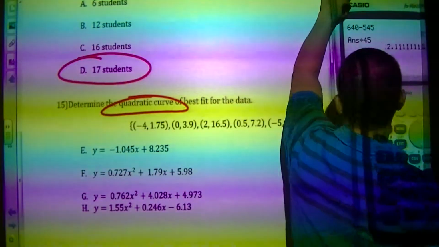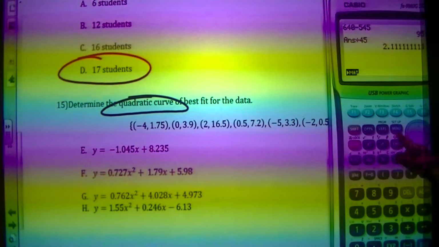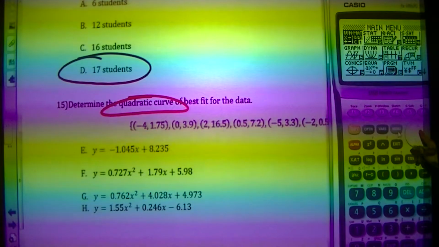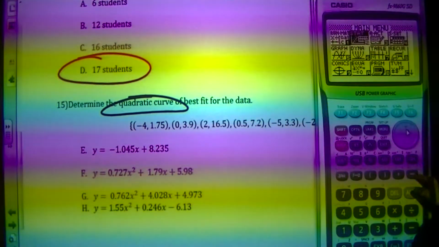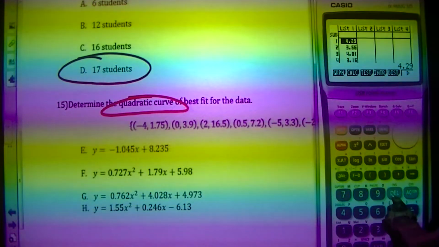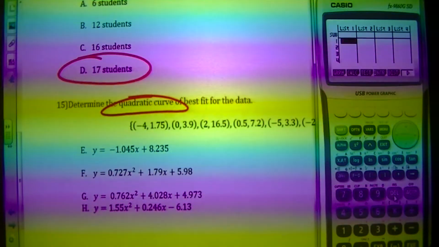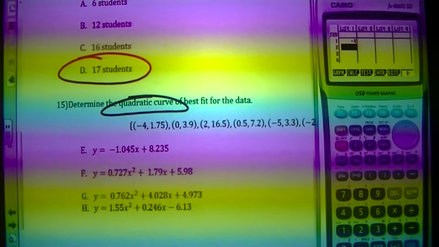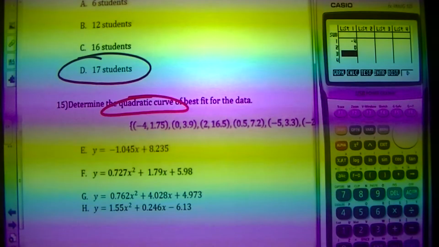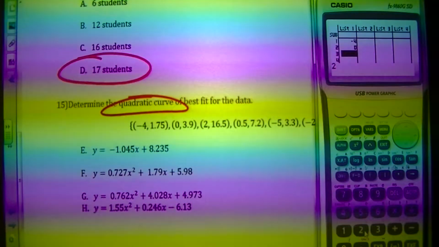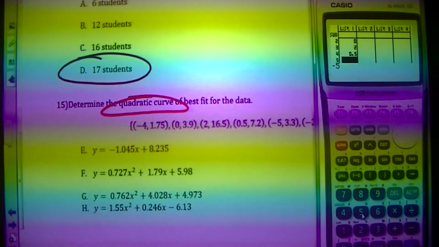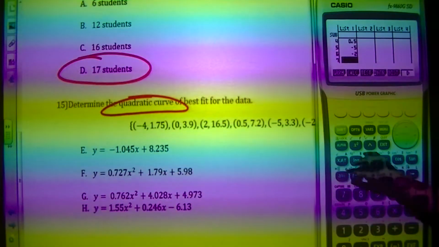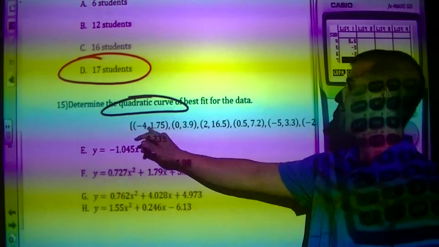I'm going to put these in. I'm going to go to menu, stat, and delete all these. I'm going with -4, 0, 2, 0.5, -5, -2, type 6, 1, 2, 3, 4, 5, and 6.